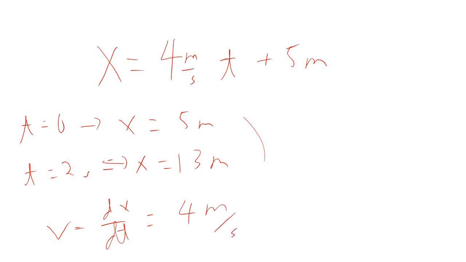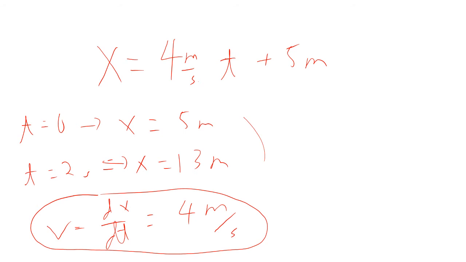The derivative of 5 meters, it's a constant, so that's 0. So this gives me the velocity right there. Now we have an expression for figuring out velocity. At this point, it doesn't matter when I did the derivative, it's a constant.